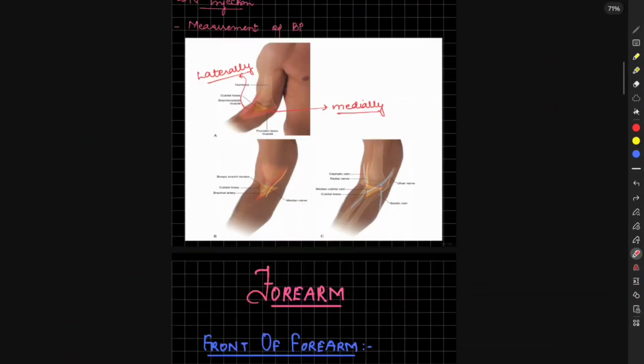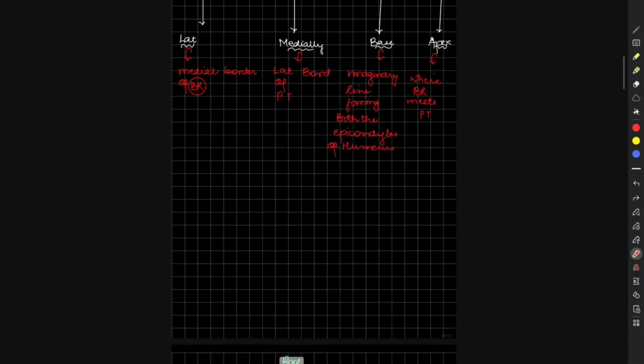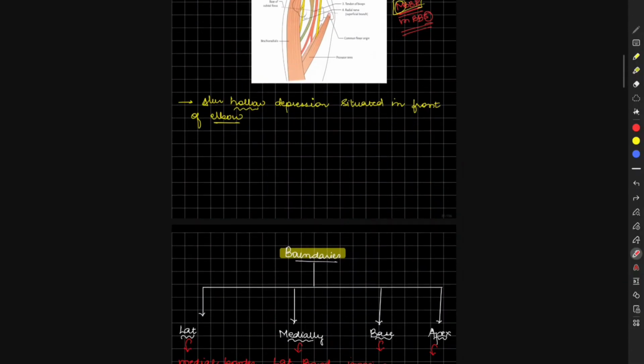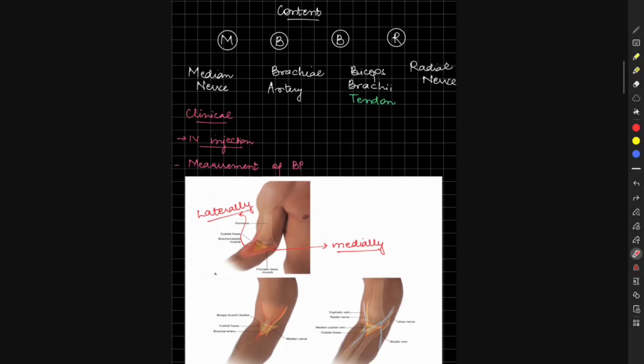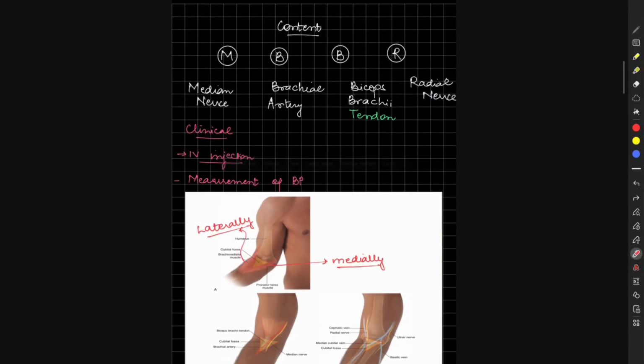Now, apart from this nothing is left. If they ask the clinical anatomy, basically in the cubital region, I think I've not included it in the notes. Clinically, the cubital fossa is used for IV injection, that is intravenous injection.